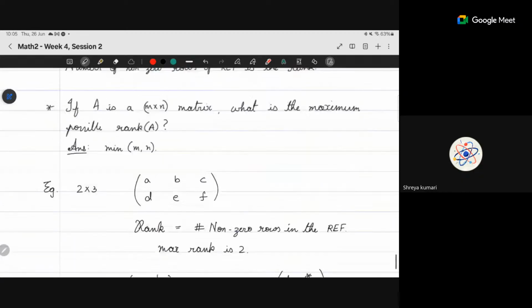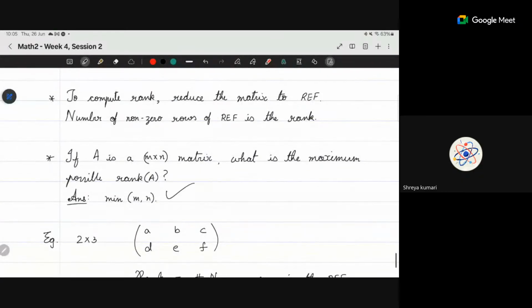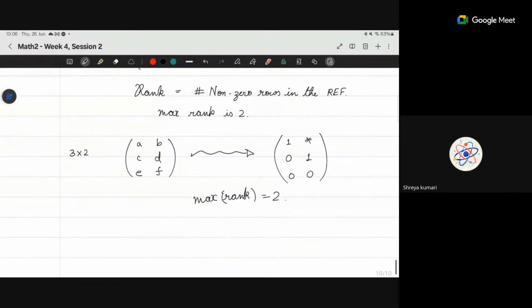So now you think about this statement and try to come up with an argument for why it has to be minimum of m and n. I'll leave it at that, and if necessary, we can discuss it in the next session. If you don't have doubts, feel free to leave, and if there are doubts, you can ask. First, let's take up doubts from the session, and then after that, we'll take up the GA doubts.